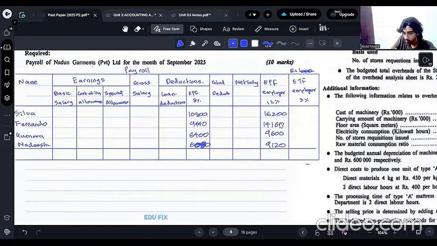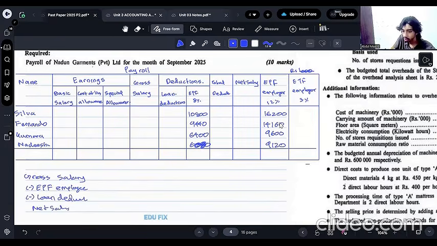Now you all know from the gross salary, if you deduct the EPF contribution of the employee, you get your what? Net salary. Now from gross salary, when you make your deductions, EPF employee, loan deductions, that's how you get your net salary.